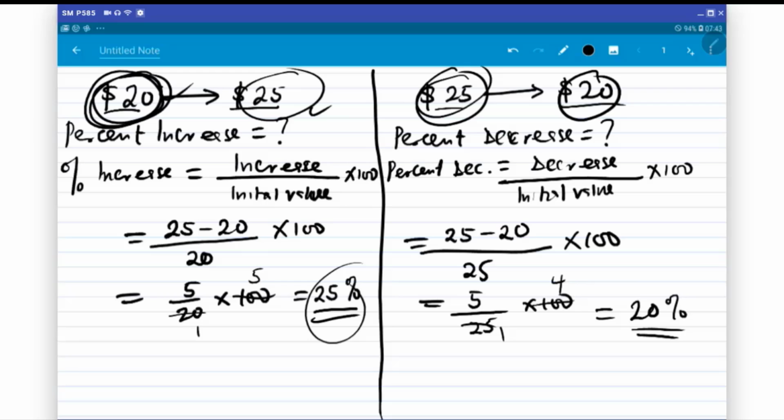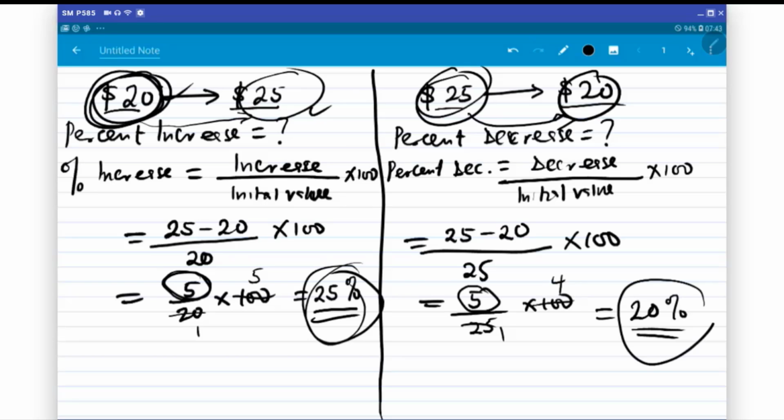Now, one thing I want us to notice here is this. When you have an increase from 20 to 25, we increase by $5, but the percent change is 25%. Now, a decrease from 25 to 20, we have the same change of $5, but the percent change is 20%.